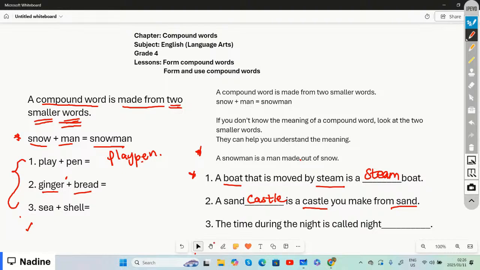And the last one says that the time during the night is called what? Night what?